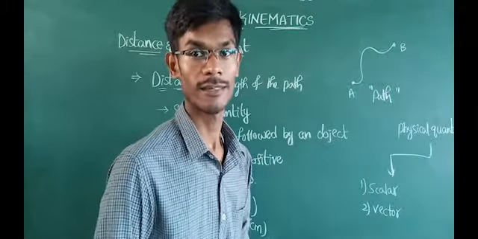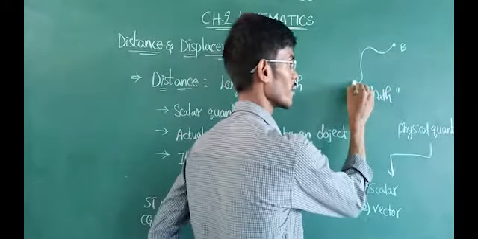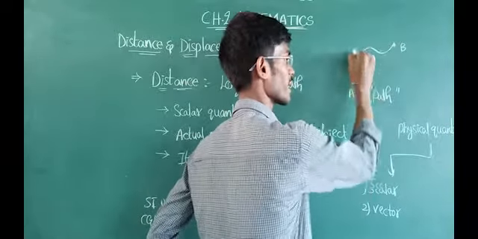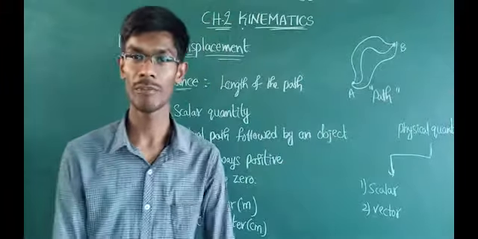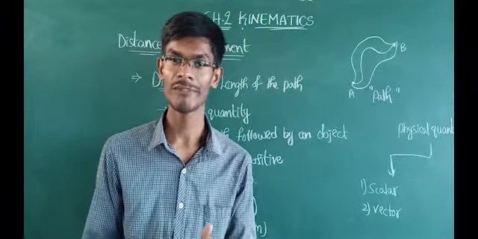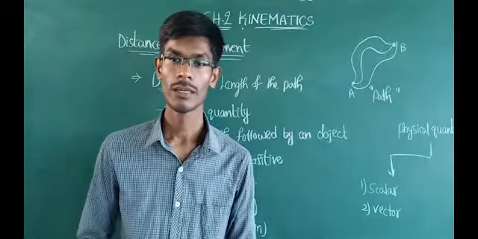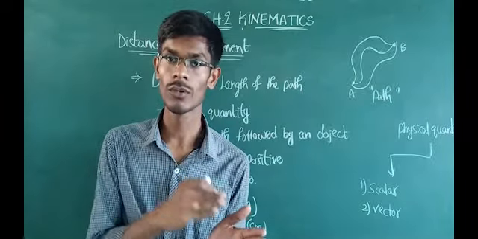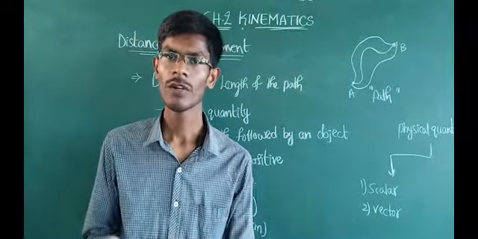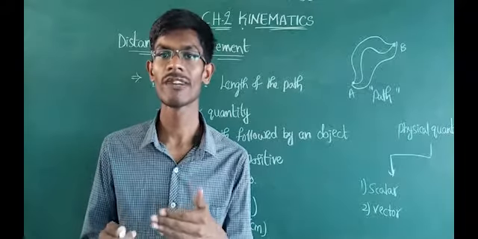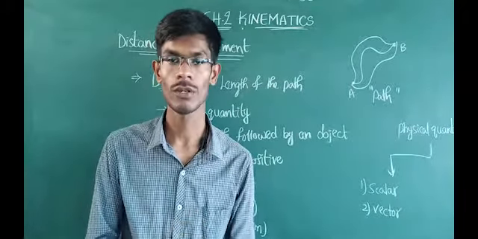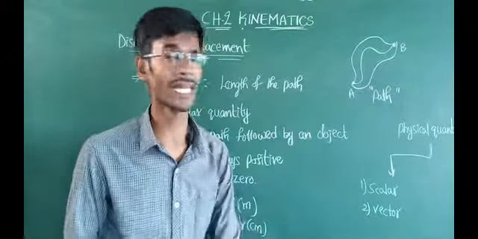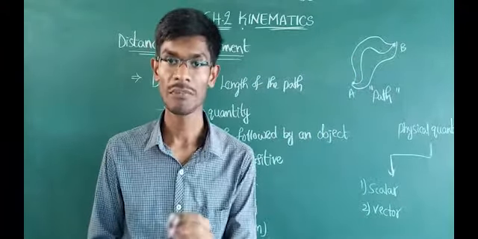Will we have only one particular path, or any number of paths? It is not a unique path. If you are coming from home to school, or from school to home, then we can find different ways to reach our home or our school. So distance is not a unique path.